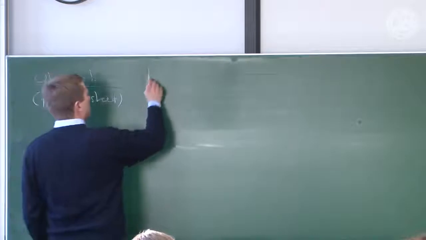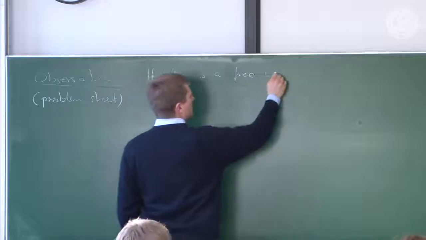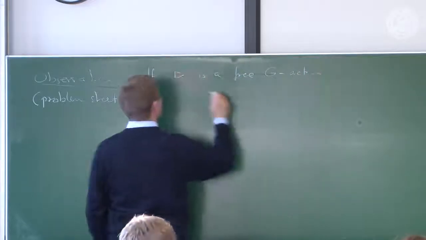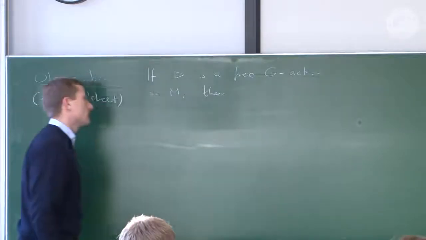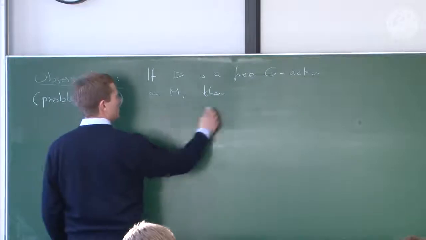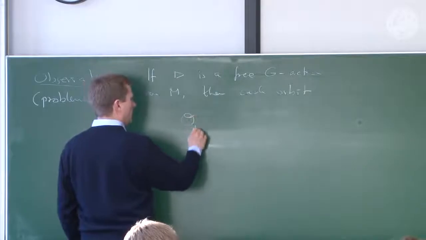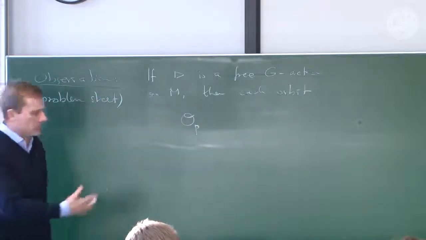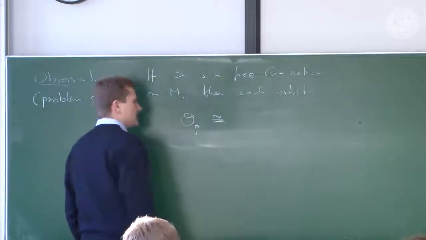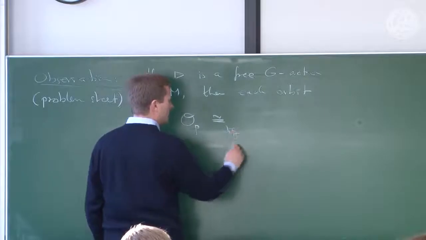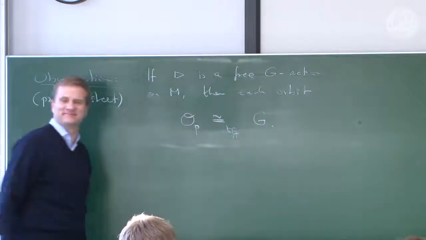Observation: if this is a free G action on M, then each orbit O_p, so we can label them by different base points, each orbit is as a smooth manifold the same, so it's diffeomorphic to the group.